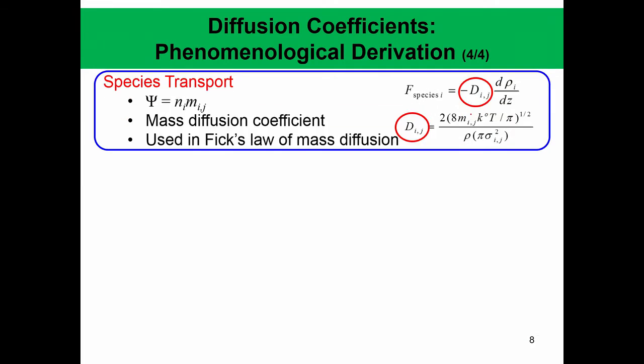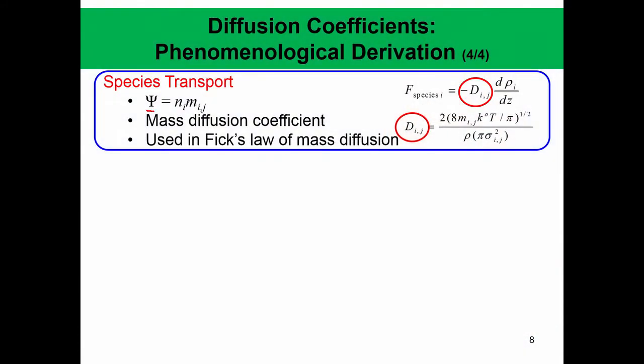So now instead of this generalized formula that we have derived, we can use this for different kinds of transport. We can use this for species transport, momentum transport, or energy transport, that is thermal transport. So here we write xi is equal to ni times mij. Ni is the number density of the ith species, and mij is the reduced mass, Mi times Mj divided by Mi plus Mj.